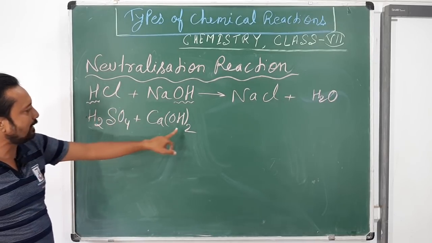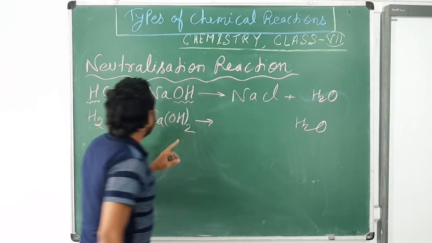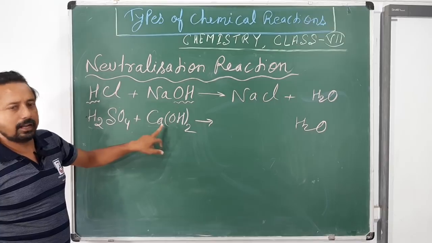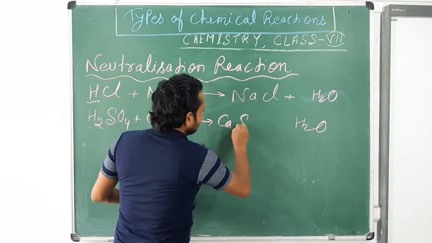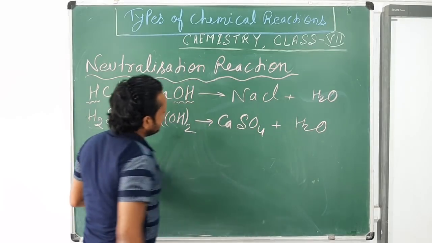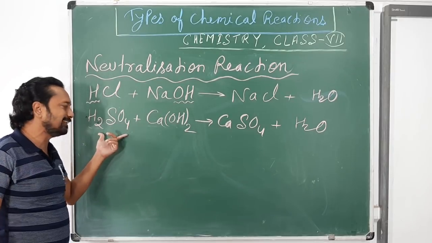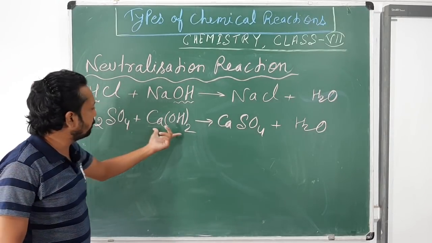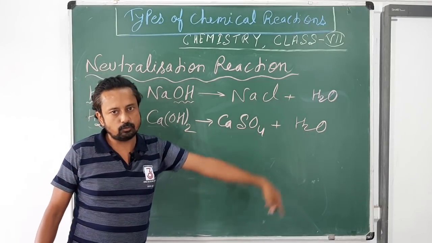So these H+ and OH- form water molecules again, and the positive of the basic radical and the negative of the acid radical mix and form calcium sulfate salt here. So this one is also an example of a neutralization reaction, because in this reaction one acid loses its acidic behavior, one base also loses its basic behavior and form one neutral salt and also water.